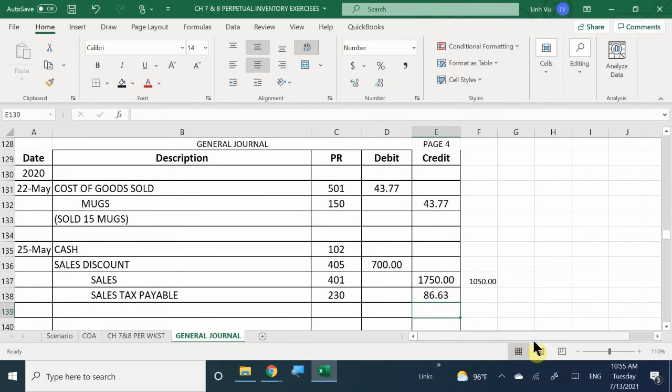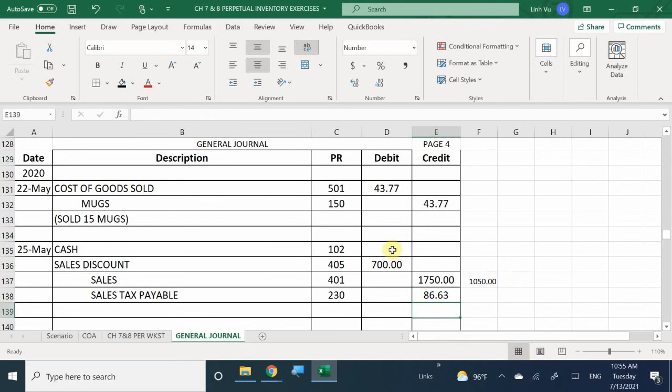That is what you can be taxed on, because you can't tax for the full amount because you didn't charge for the full amount. And that's 86.63. Good.